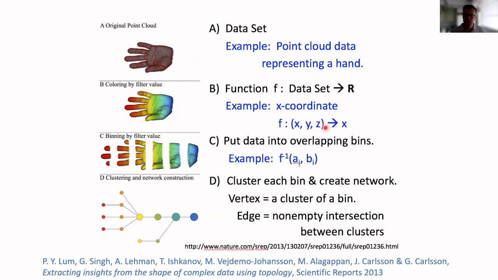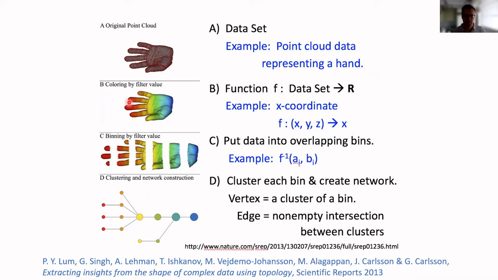Then let's split some interval of x values into overlapping bins, and let's look at the pre-image of each interval. I take the interval of small x values and I get the tips of the fingers.